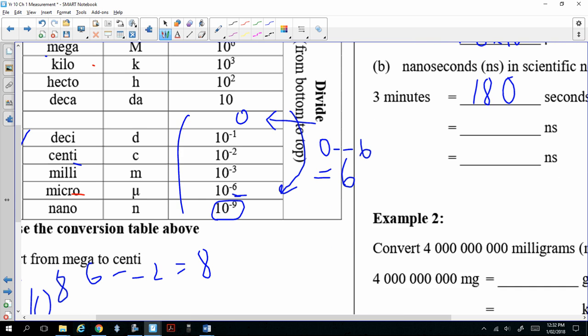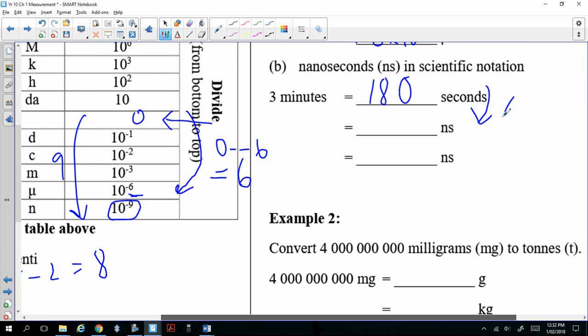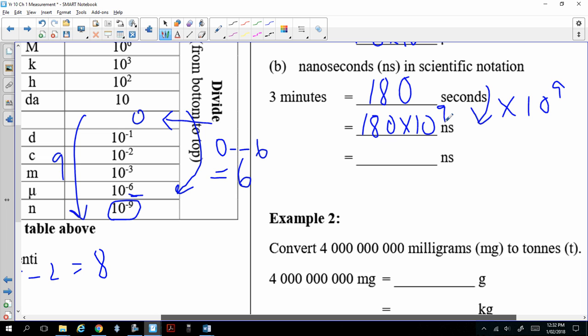So you multiply by 10 to the power of 9, and you get 180 times 10 to the power of 9. To convert to scientific notation, you have to add 2 to the power, so your answer will be 10 to the power of 11. So you write 1.8 times 10 to the power of 11.